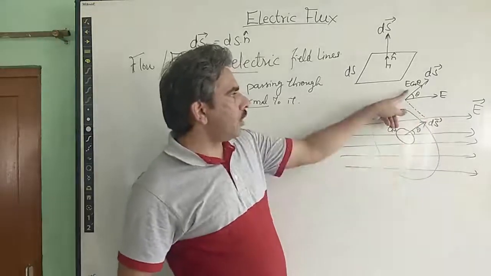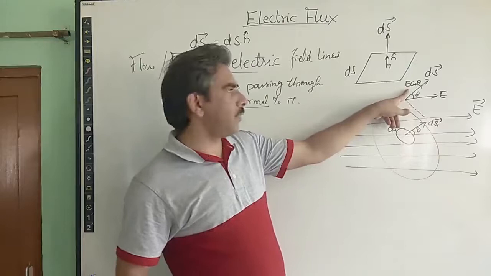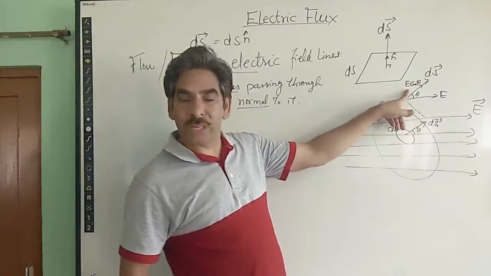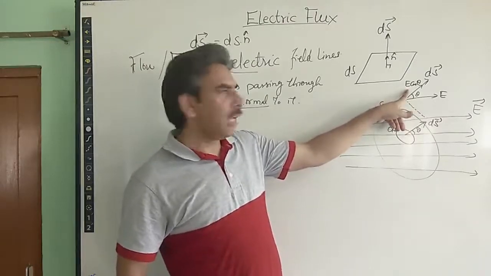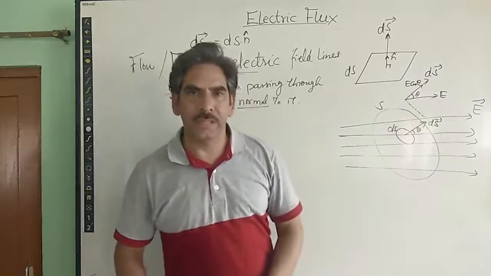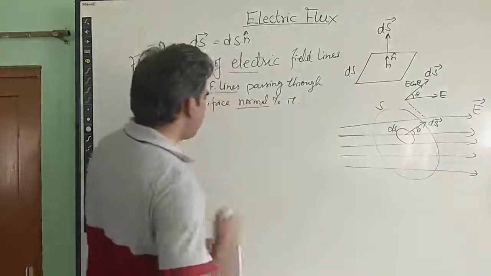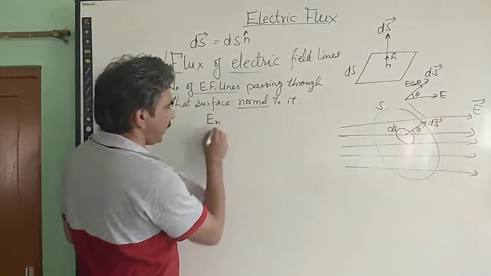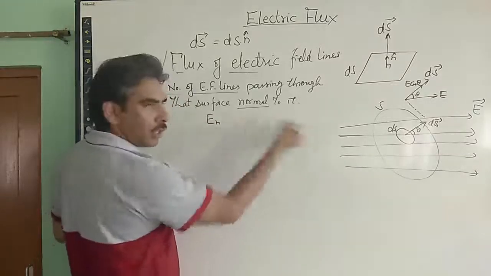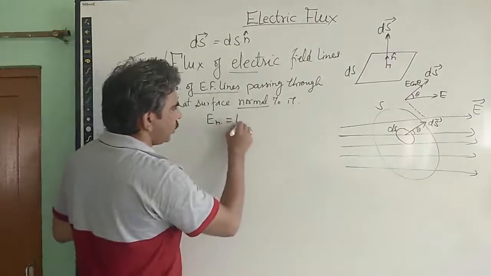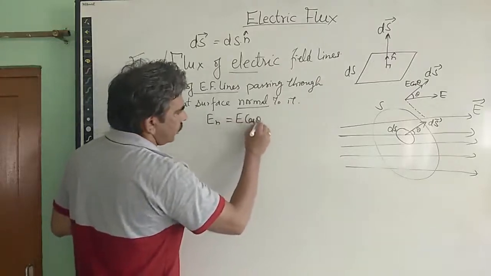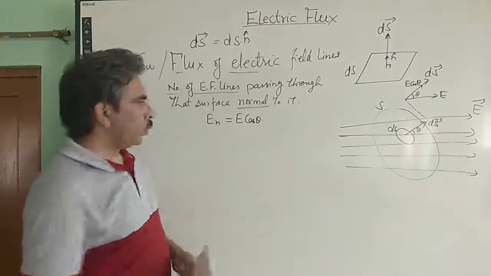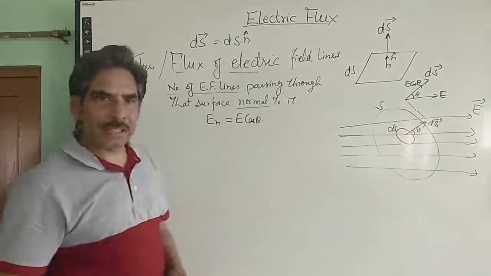So this is the only component of the electric field which is normal to the surface, or we can say along the area vector. So this component is the normal component of electric field, which is along the area vector. It is equal to E cos theta, where theta is the angle between the area vector and the electric field.